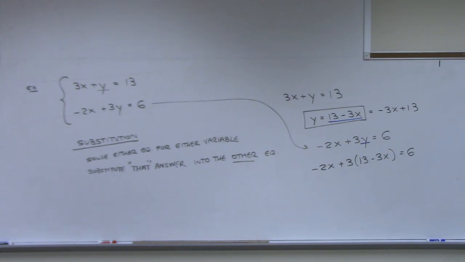Anybody have any questions over here? You're getting x is 3? No, you were doing the right thing. Let's see. Negative 2x, negative 11, everything looks right there.